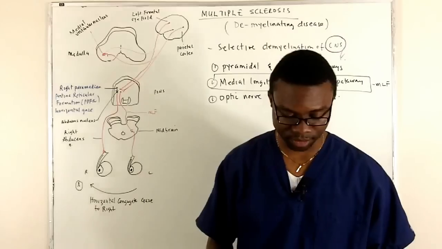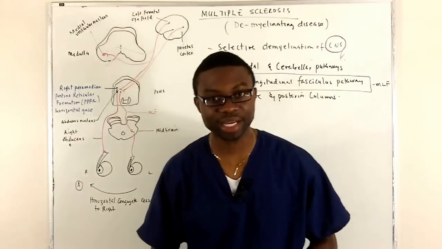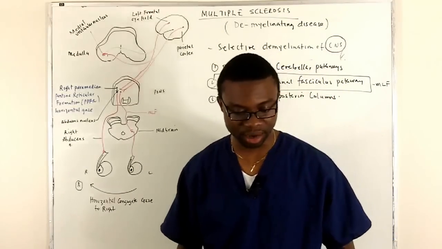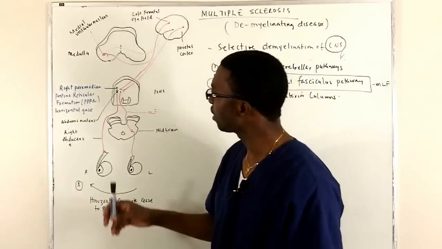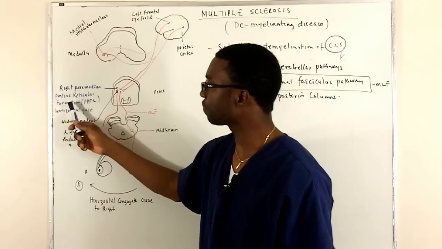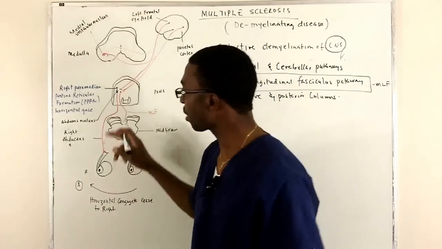Now, horizontal eye movements are often generated by neurons that are found in the paramedian pontine reticular formation. That's a big word. The paramedian pontine reticular formation, PPRF.